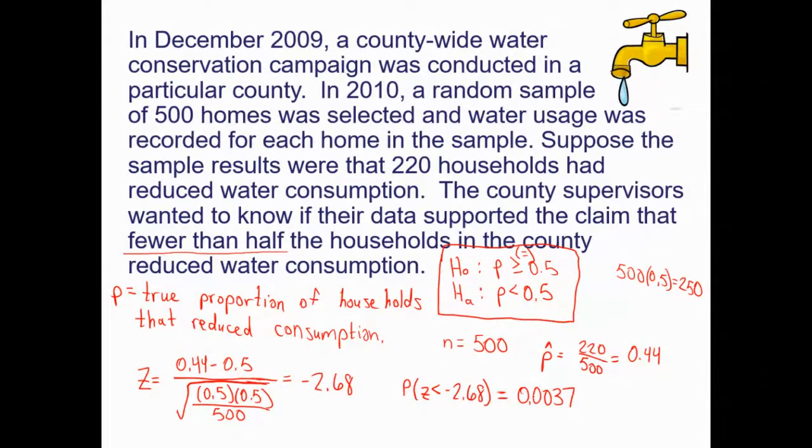Now, I don't have it up here on my screen, but what alpha do they want us to use? 0.01. So how does this p-value compare to our alpha? It's less than. Since the p-value is less than alpha, what would we do? We reject.